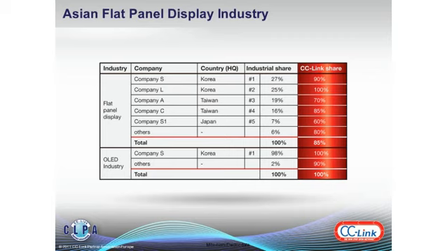And I think the key thing to consider here is the red column on the right side. You'll see here that in many of these companies, CC-Link has achieved an extremely significant share of the technologies being used for networking in those companies. So much to the point that I think it's safe to say that the computer monitor that you're probably looking at this presentation on right now, and no doubt the TV that you have in your home at the moment, probably have LCD panels in them which were manufactured on production lines that were automated using CC-Link.